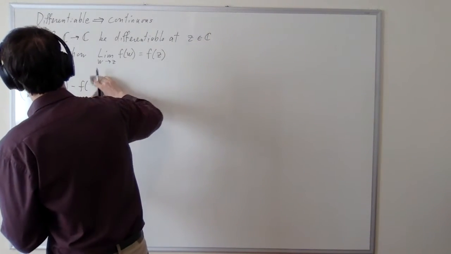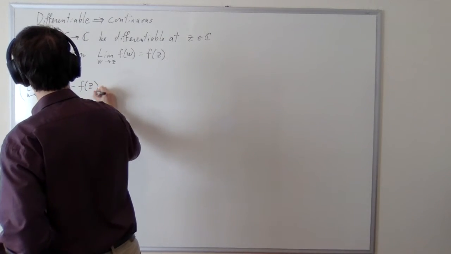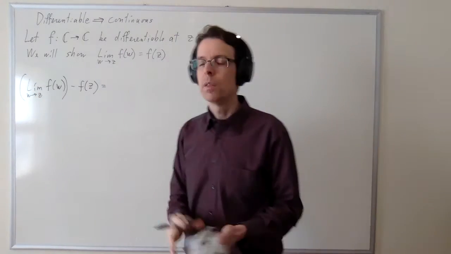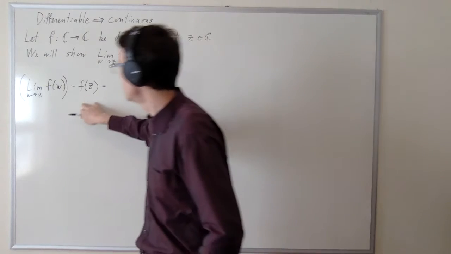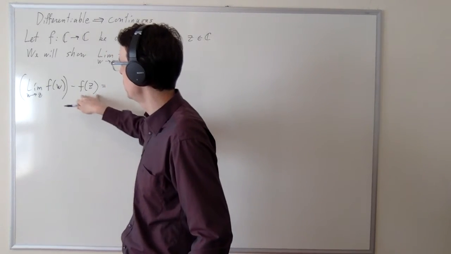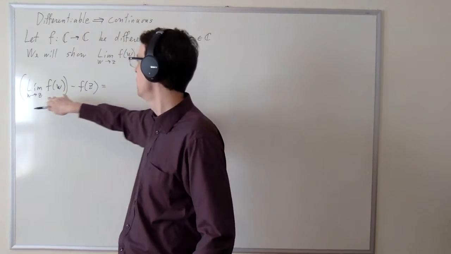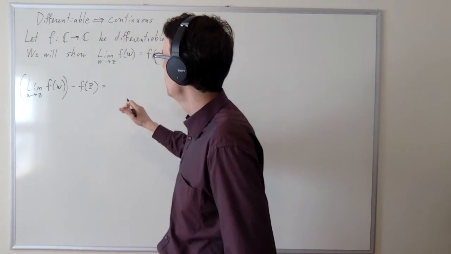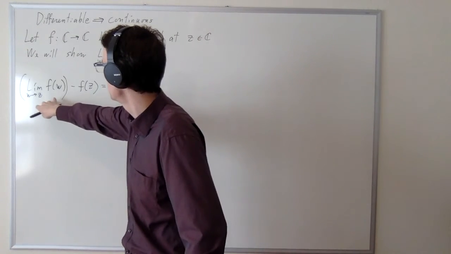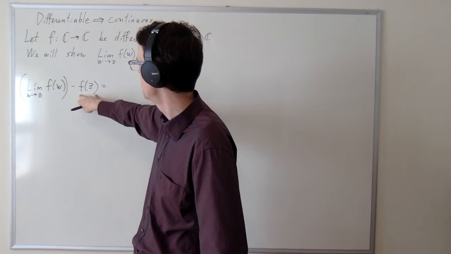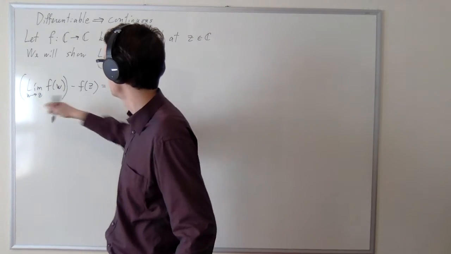So I'm going to try to calculate what this is. And if I can get 0 out of the calculation, and get a calculation which justifies the existence of the limit, then we'll be all set. Now this is a constant from the point of view of the approach of w towards z.